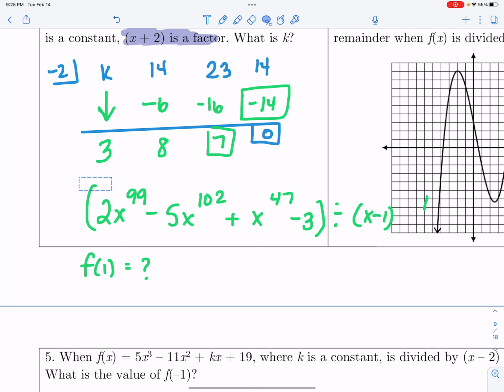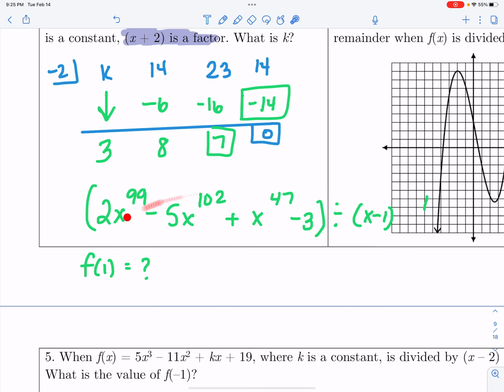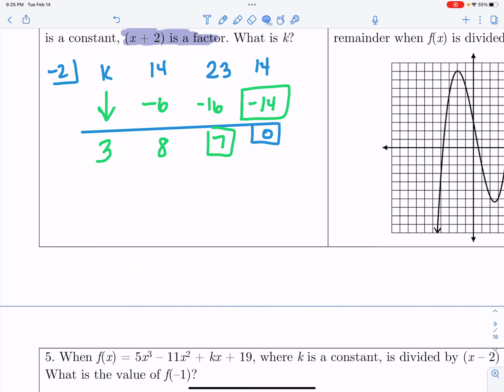So use synthetic if you have an easy function, and then use the theorem right here if you have a large function that you can't really use synthetic with.